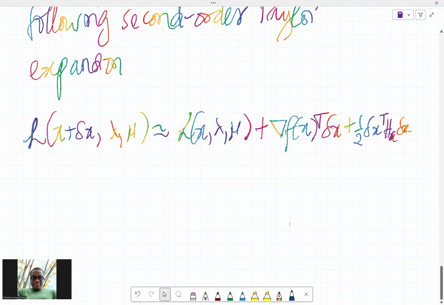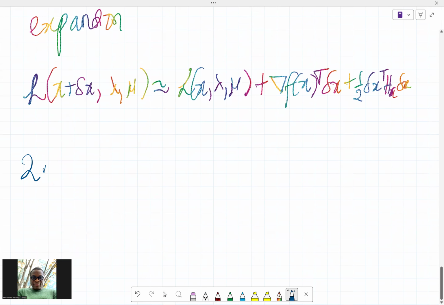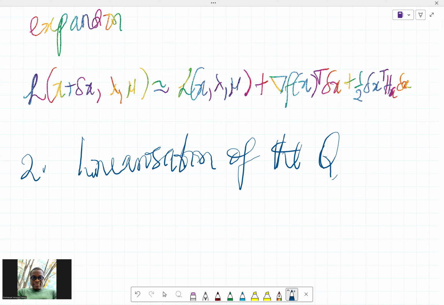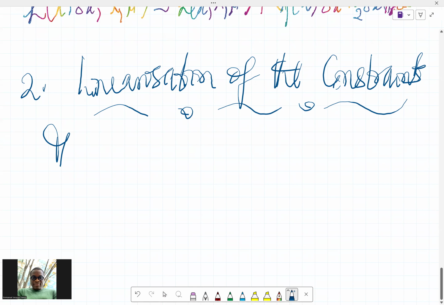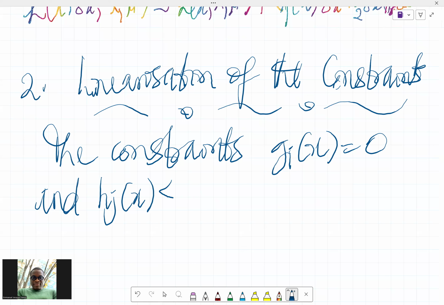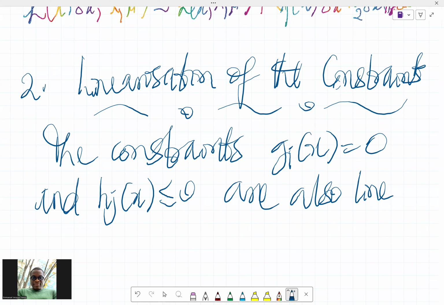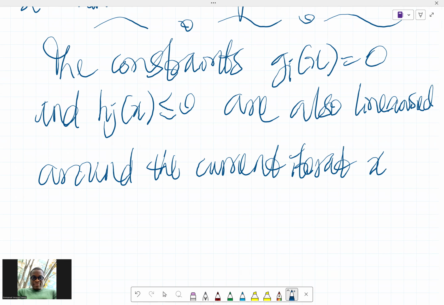Okay, so the second step after the quadratic approximation of the Lagrangian is linearization of the constraints. The constraints gi of x equals 0 and hj of x less than or equal to 0 are also linearized around the current iterate x.